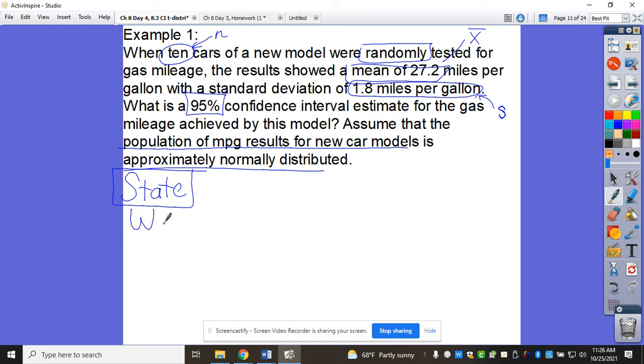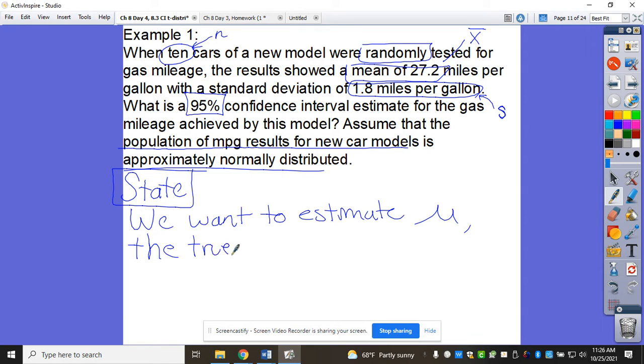We want to estimate the true mean gas mileage of this specific new model car.